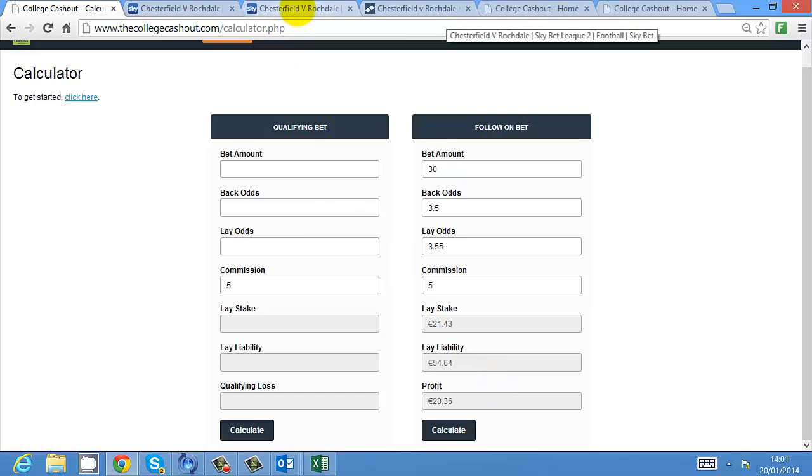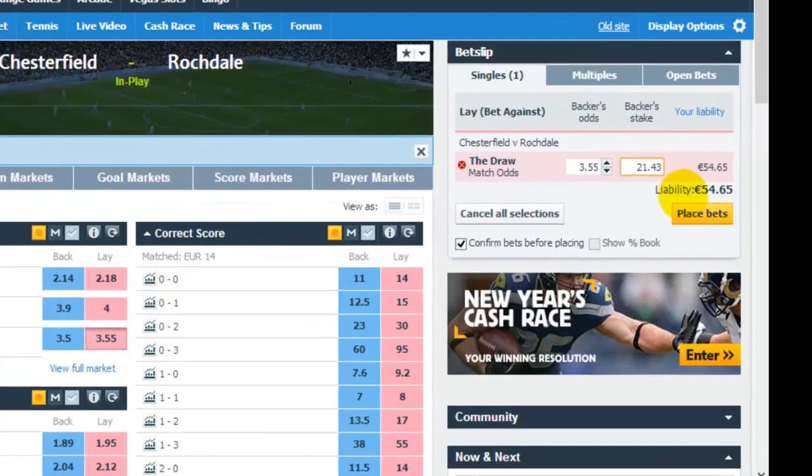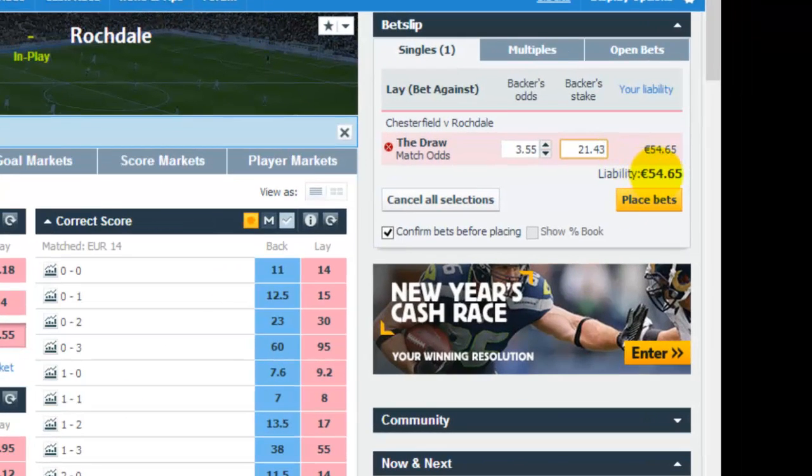Just to show this in more detail, the Sky Bet bet slip says our return is €105, but we don't get to keep the stake of €30, so in fact it's only €75. We have a liability of €54.65 in Betfair.